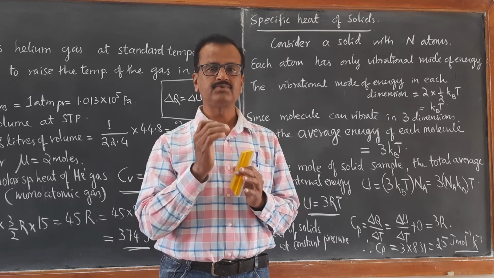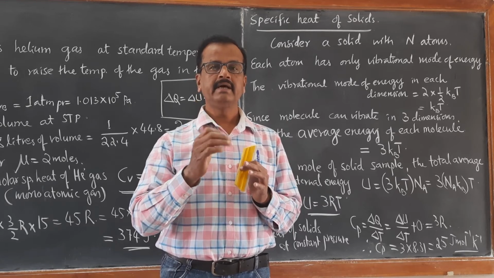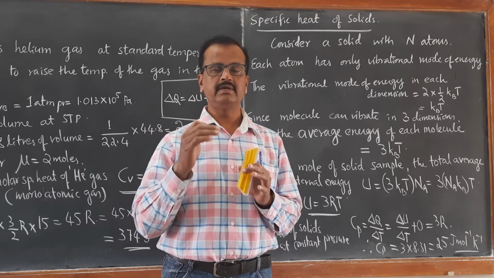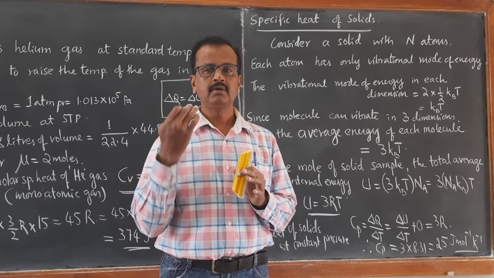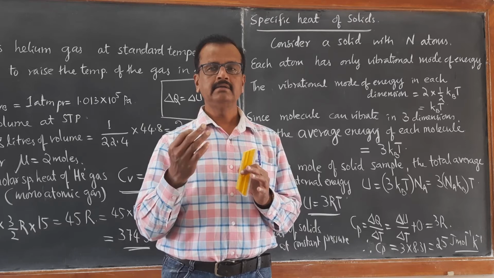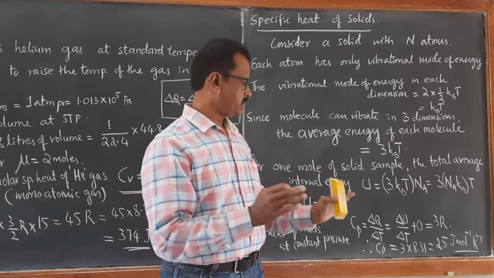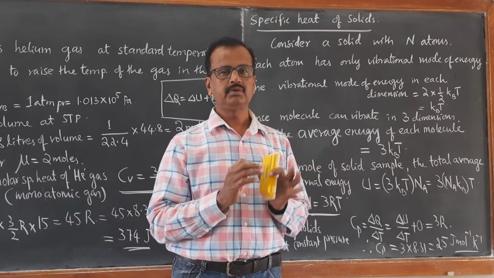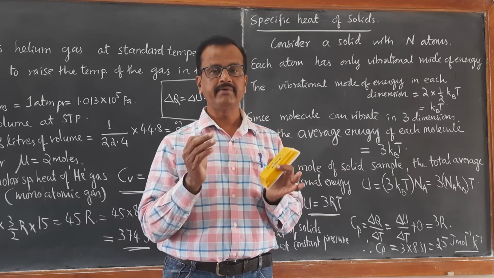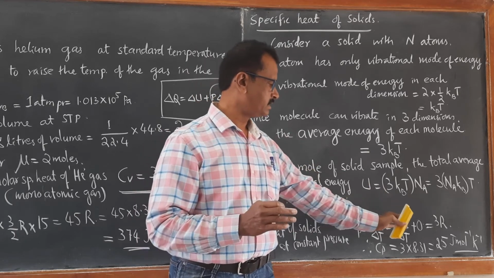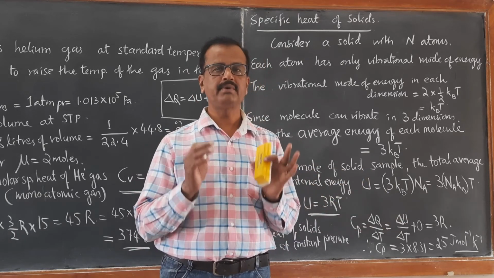When you compare this with the experimentally observed values for various solids like aluminium, copper, lead and other metals, they almost have the same value, nearly 25 joule per mole per Kelvin.